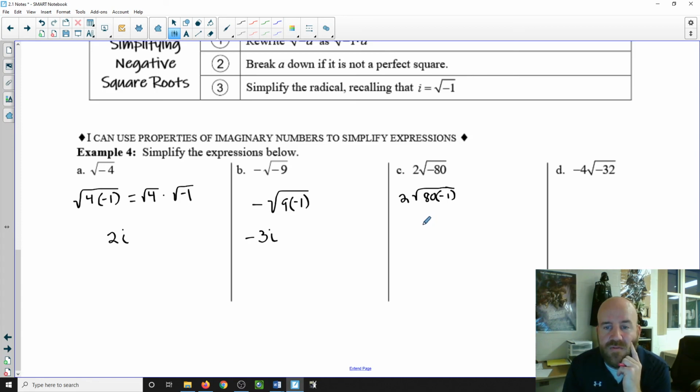So 4 and 20 we know works. Like I said, you don't have to have the perfect one, because we could break it up more later. And then we know 20 breaks down into 4 and 5. So we could write that 4 times 4 times 5. We know that's 80. I'm just going to leave this negative 1 hanging out in here.